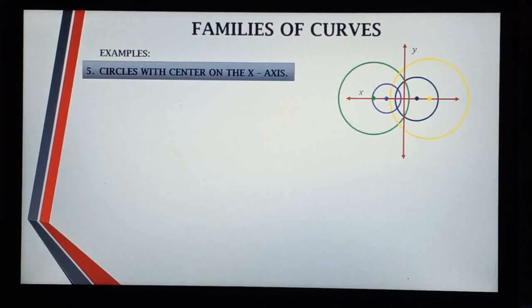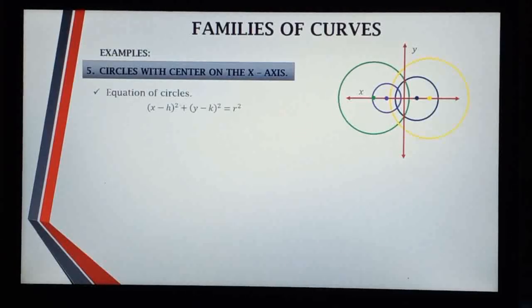So the equation to be used is the equation of the circles, of course. Equation ng circle, you will have the quantity of x minus h squared plus the quantity of y minus k squared equals r squared. So i-apply natin yung given condition.